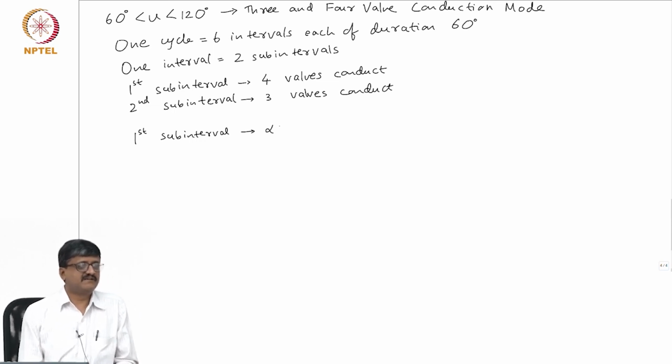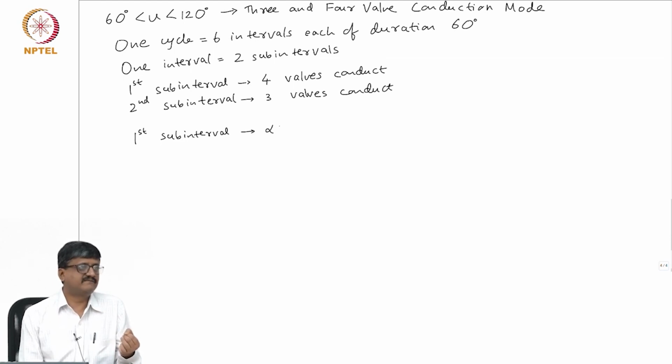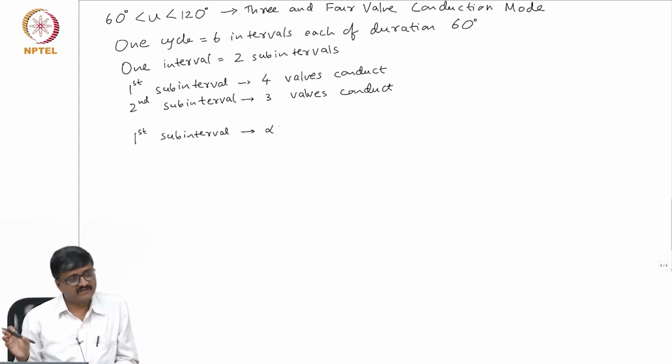So, we have actually defined EA, EB, EC such that valve 3 is always turned on at alpha. Please note that this is coming from the definition. Say we gave some phase angles for EA, EB, EC: 150 degrees, 30 degrees and minus 90. Based on that, we see that valve 3 is turned on at alpha.